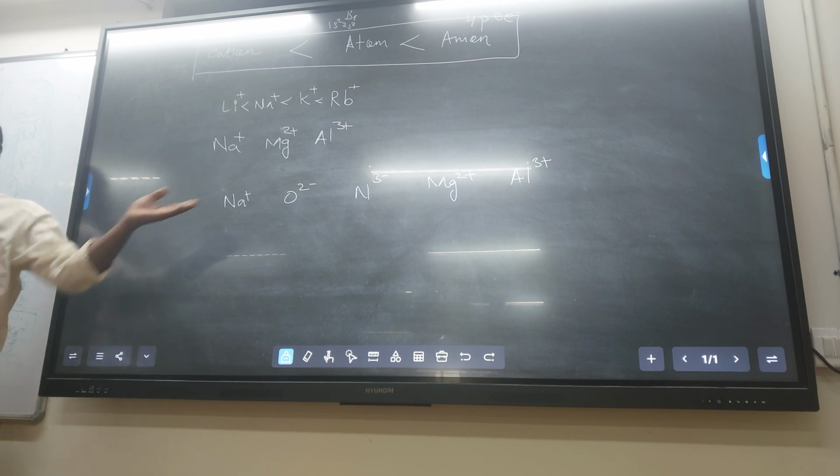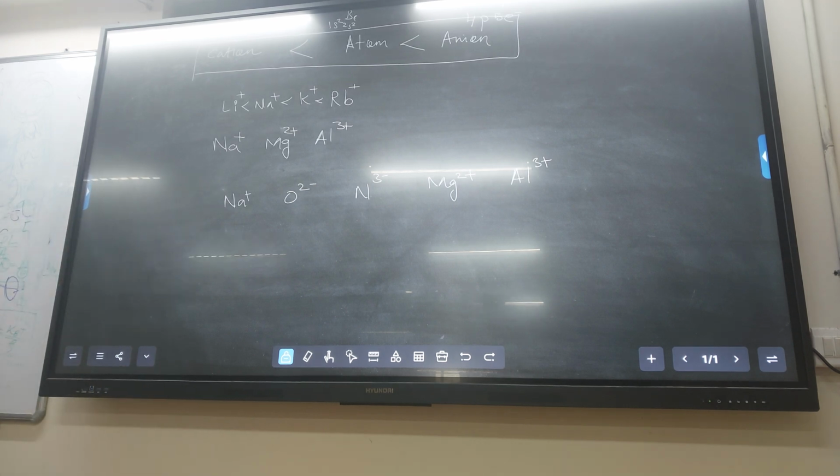You can order these ions in increasing or decreasing order. Here cation is there, anion is also there. Out of that, you know the anion has the maximum radius, then the cation.